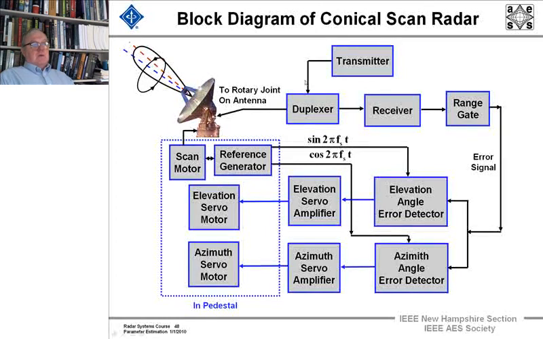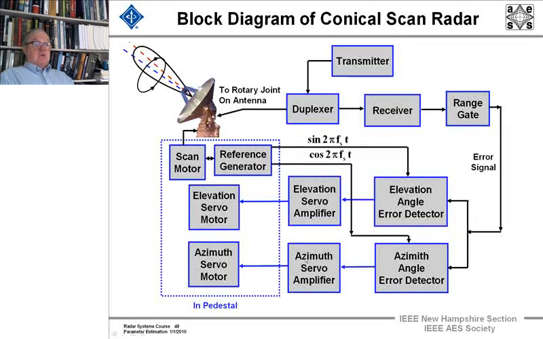There's no signal going to the transmitter through the receiver. And then you'd have a range gate, because these are typically used for single target trackers. And the antenna error signal would go into an elevation angle error detector for elevation and for azimuth.